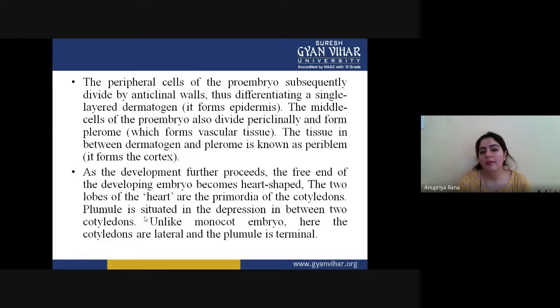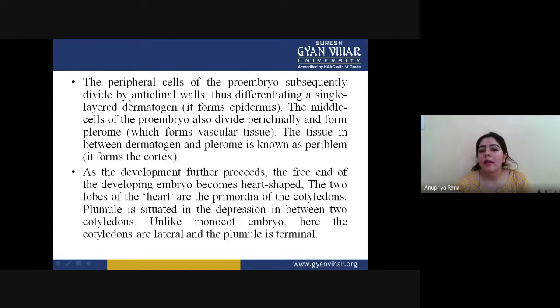The middle cells of the embryo also divide periclinally and form the plerome. You remember that the dermatogen, plerome, and periblem are the apical meristem layers. This plerome is going to form the vascular tissues. The three major anatomical features are the epidermis, the cortex, and the vascular bundle.